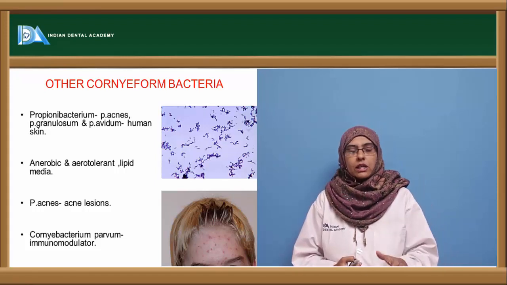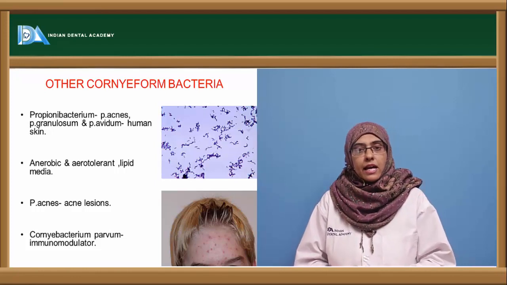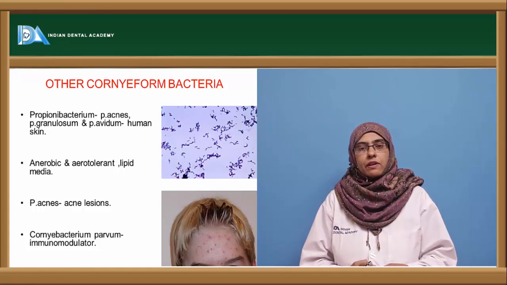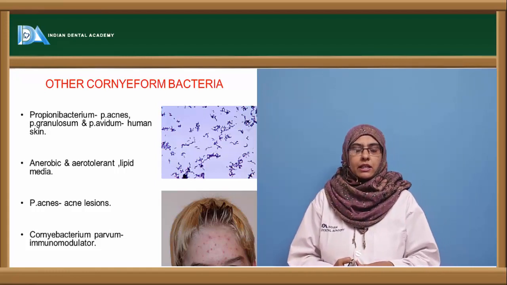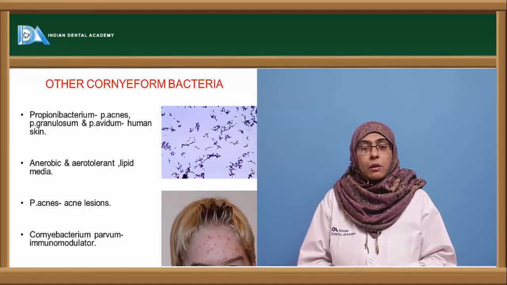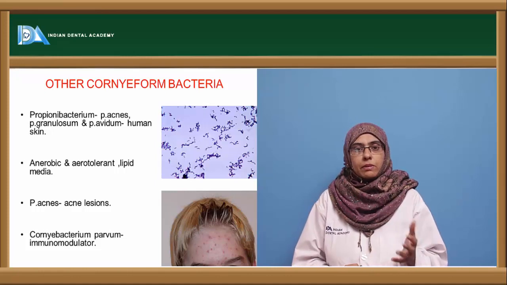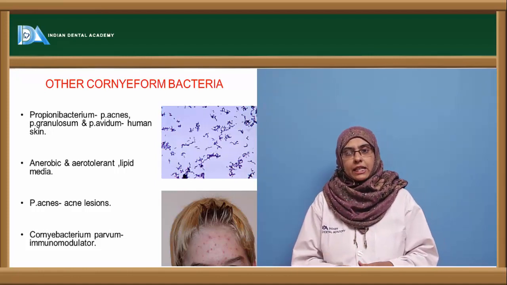They are all inhabitants of the normal flora of human skin, and they are highly anaerobic in nature and aerotolerant. That is, they can survive in an environment with a very minute amount of oxygen, and they can be grown only on a lipid media because these organisms are able to metabolize sebum and cause infection. They grow very well on a media containing lipid.